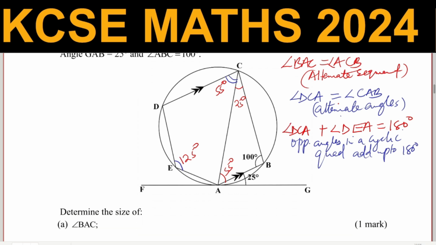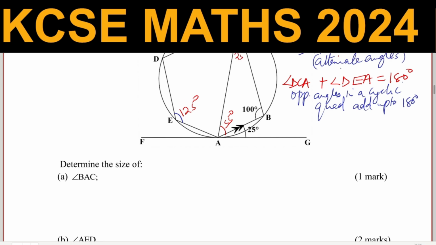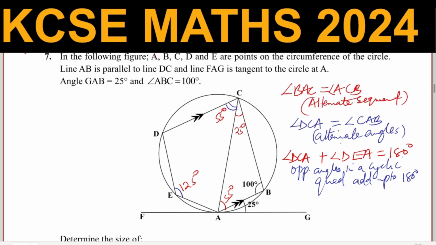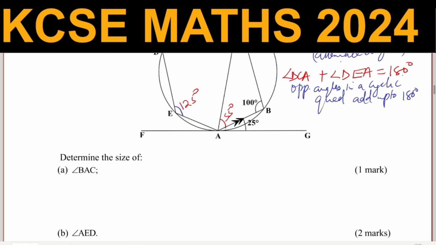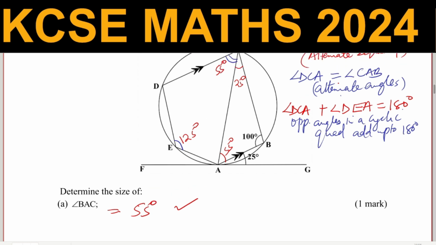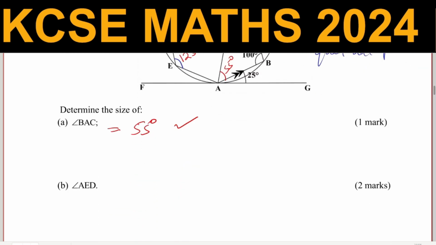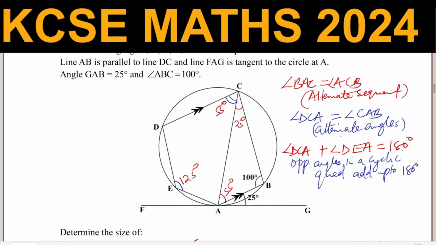Let me go to the question and see. Angle BAC, we got that. BAC is equal to 55 degrees. Then the other one is angle AED. That one we worked out here.